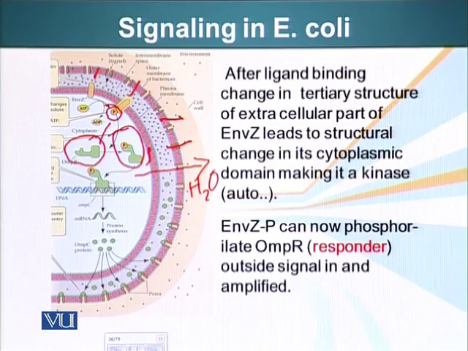OmpR, once it is phosphorylated, itself has a conformational change. Now certain regions of this protein are exposed which were hidden previously. These regions of this protein can bind specific regions of DNA on the chromosome of this bacteria. When that happens, this protein OmpR acts as a transcription factor and recruits RNA polymerase.